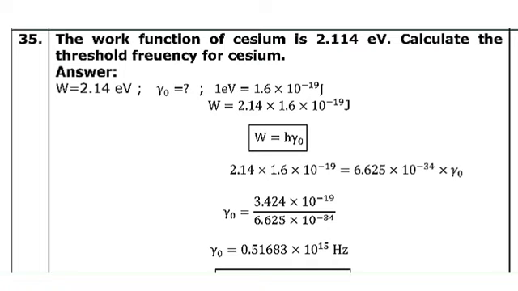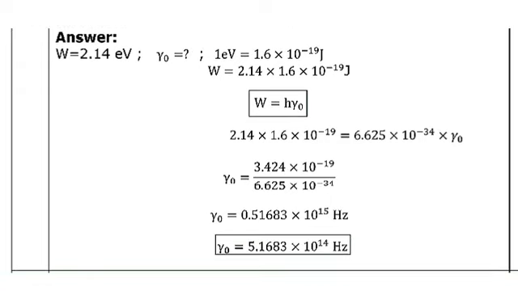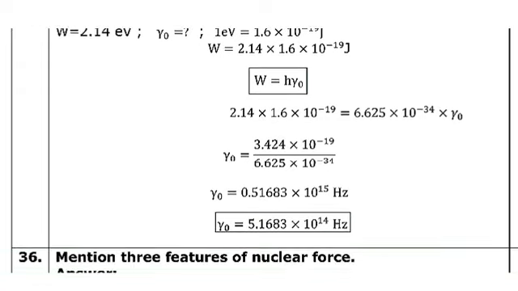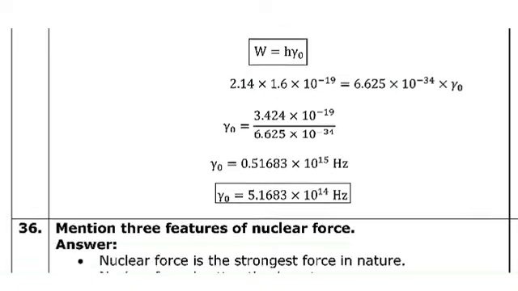We have the formula W is equal to h nu naught. I'll substitute the values in the next step. Then I will rearrange for nu naught, the threshold frequency. Finally, after calculation, we get nu naught is equal to 5.1683 into 10 to the power 14 hertz.